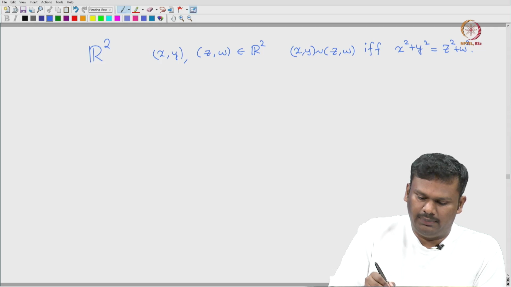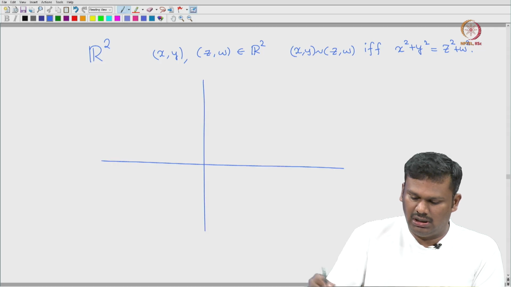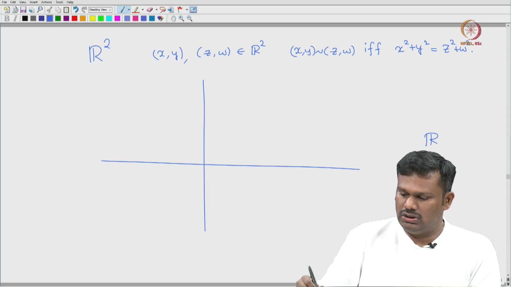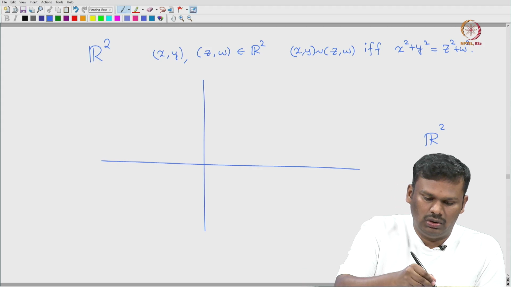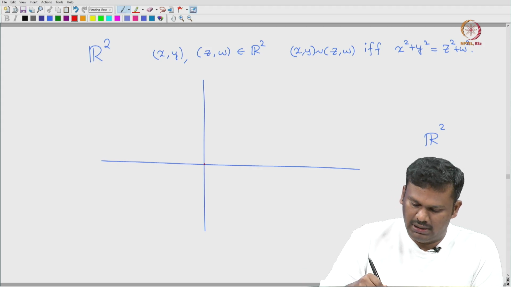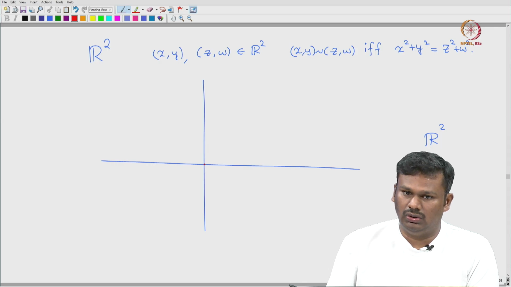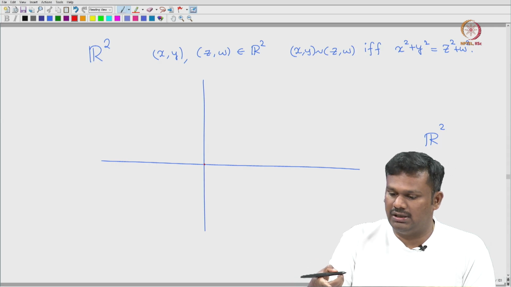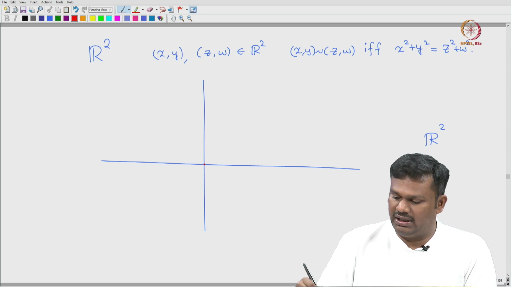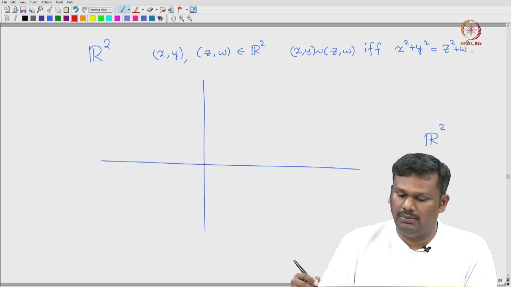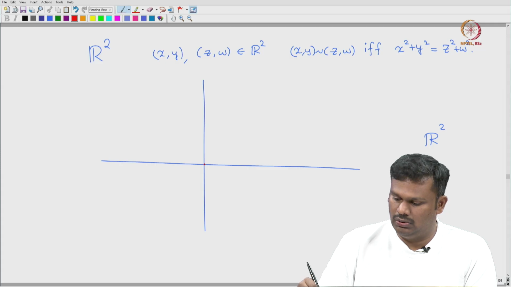If we look at it pictorially, we have this R2 which is drawn like this. Now you have this unique point, the origin. The norm of the origin is 0. If any vector has norm 0, that implies both the coordinates are 0.